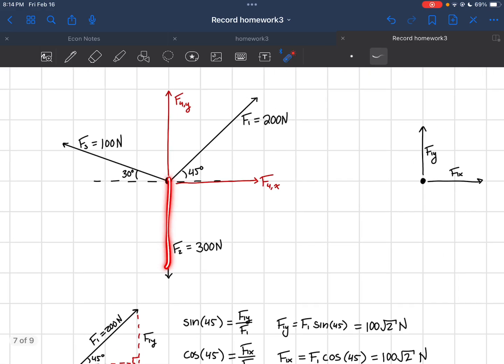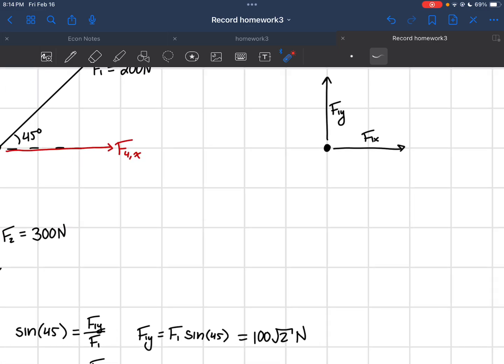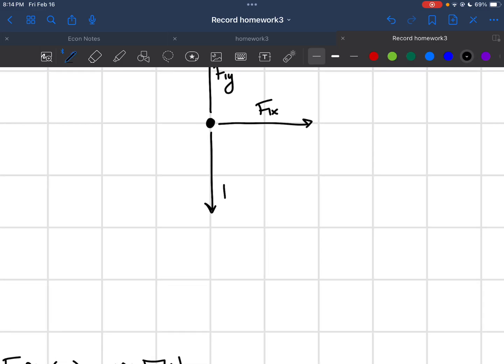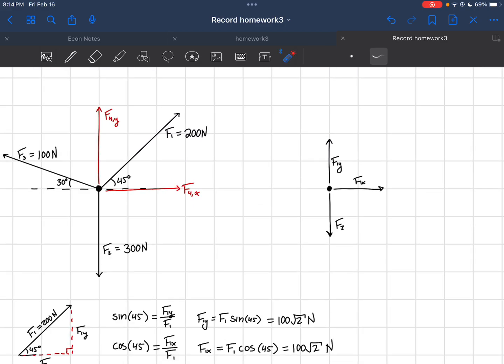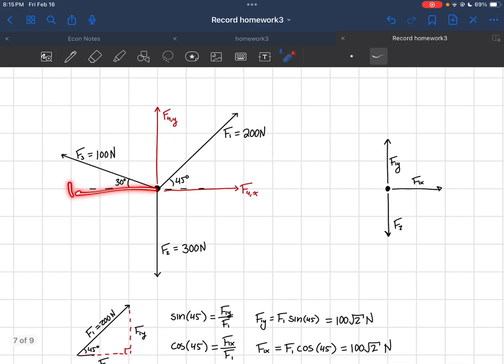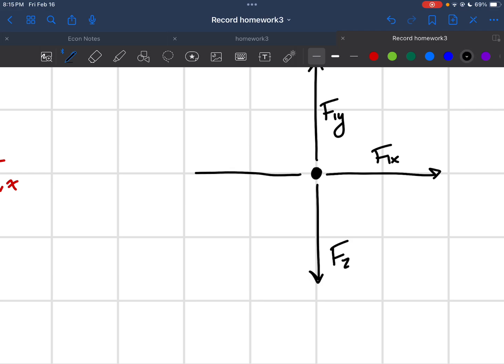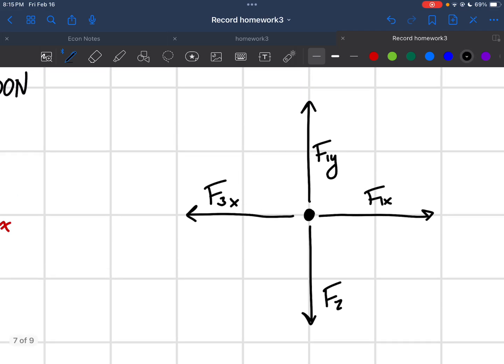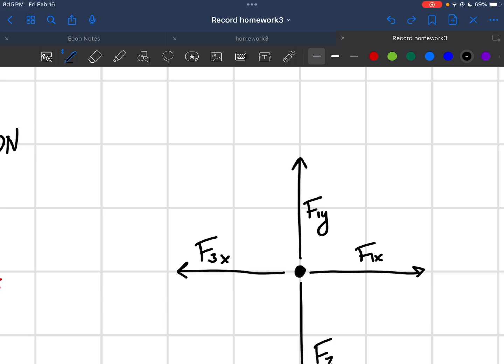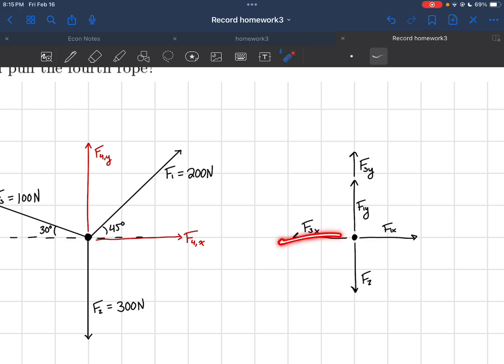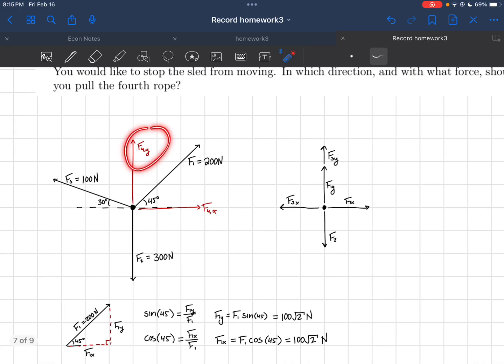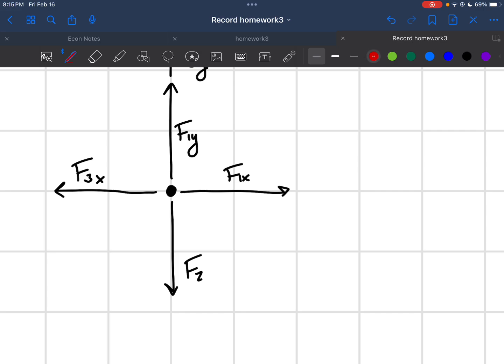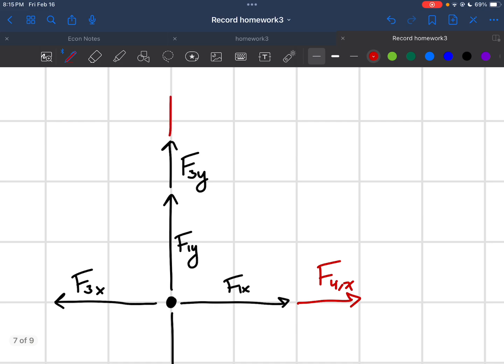Then I have F2 going straight down. So I have that, F2. Then I have F3 going left and up. So I'll have F3x and F3y going to the left and up, respectively. And then lastly, my guesses as to what my applied force is. So my F4x and my F4y.